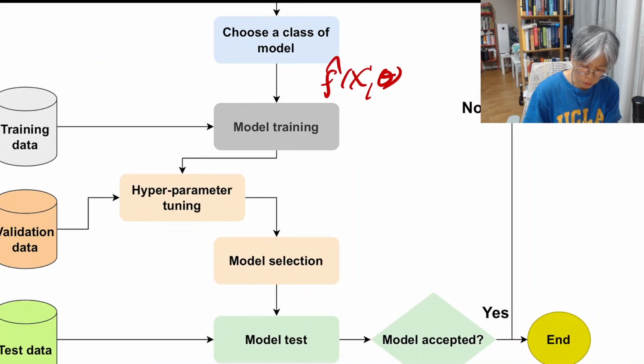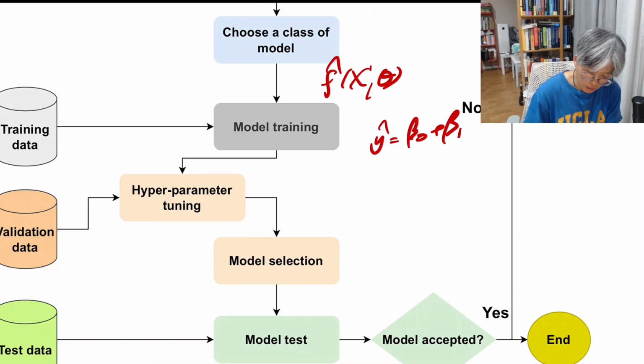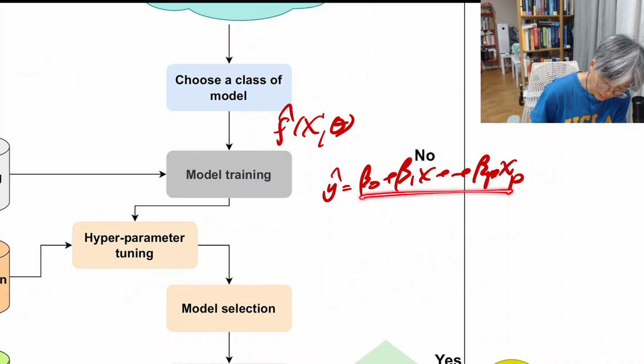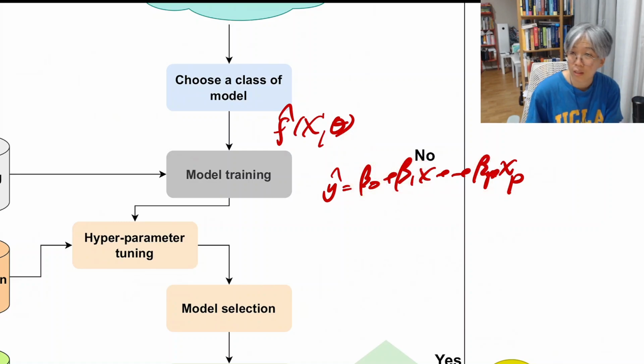For example, for a linear regression model, f hat is linear in x, and your beta k is the parameter.